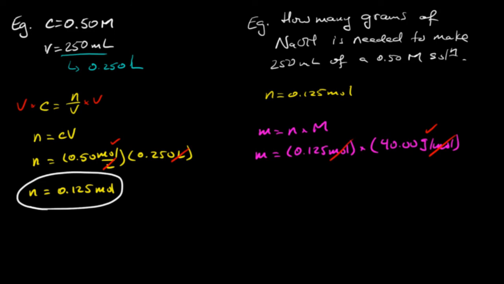And so this tells me that 5 grams of sodium hydroxide is 0.125 moles. And if I put that into 250 milliliters of, let's say, water, I would produce a 0.50 mole per liter solution of sodium hydroxide in water.